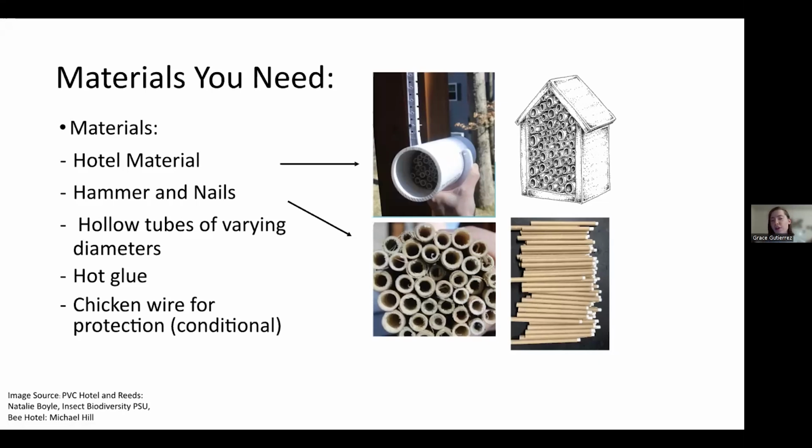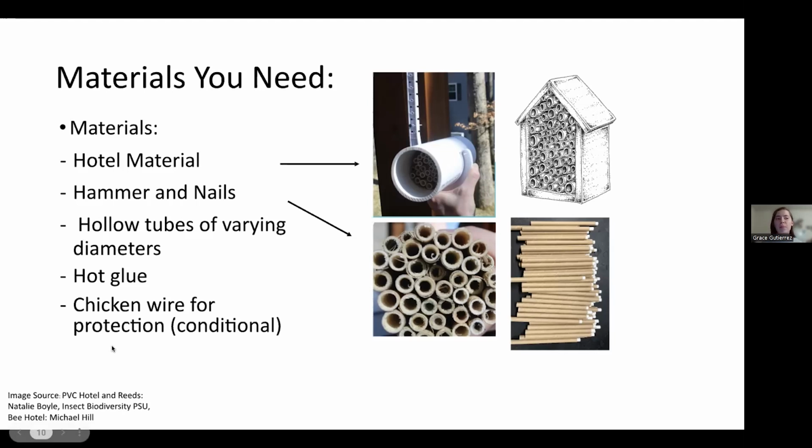Either way, you probably need a hammer and nails to help secure it outside and install it in your backyard. You need hollow tubes of varying diameters for the bees to nest in. Some hot glue, honestly, to help plug up any holes that you find and also to plug up the back of the nesting tube. And I also always like to put in chicken wire.